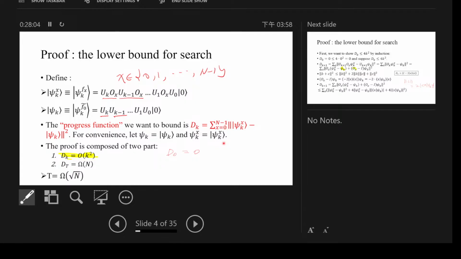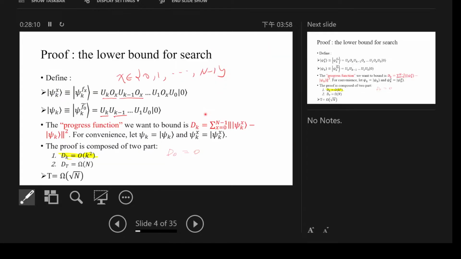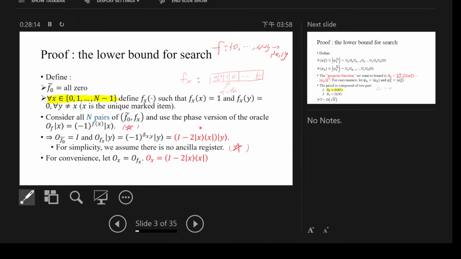Another thing we are being lazy about is that we restrict our algorithm to the computational basis for x. So we think our space is just an n-dimensional space that has this basis of x.